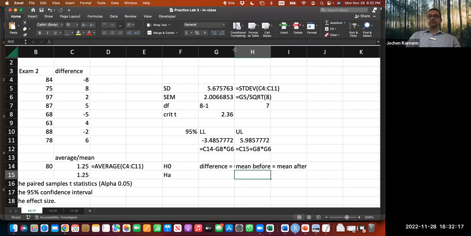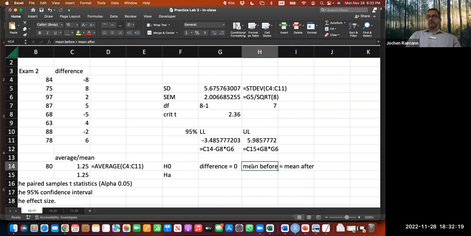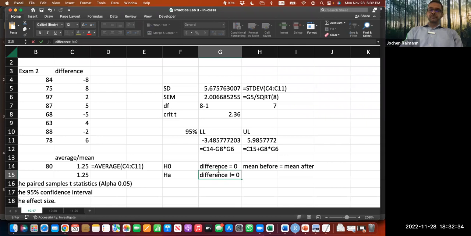Both are correct in that context. Means the same thing. But now your HA is that the difference is different from zero, or your mean before is not equal to mean after.